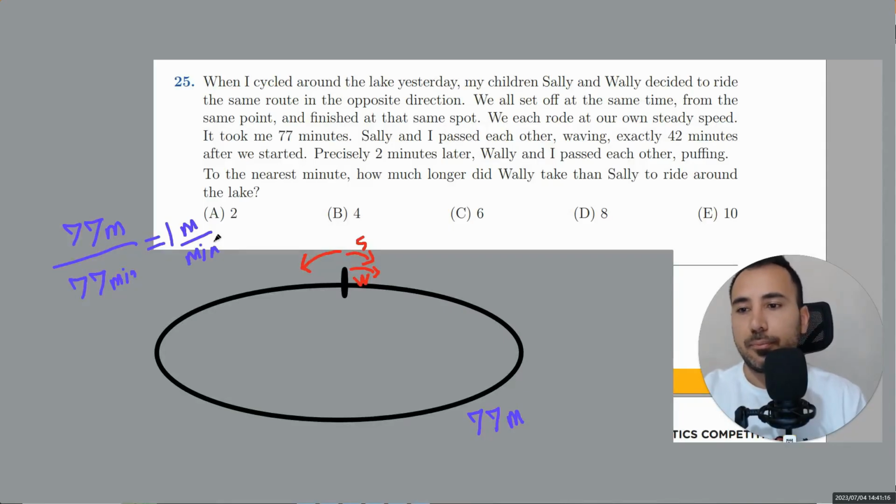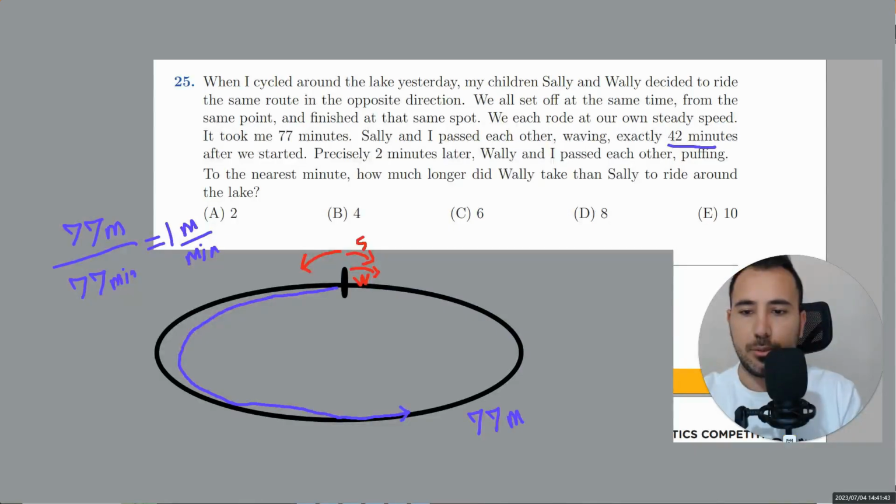So this is the speed. The speed of the mother is 1. Okay. So let's go and see the other people's speed. In 42 minutes, the mother has gone 42 meters.